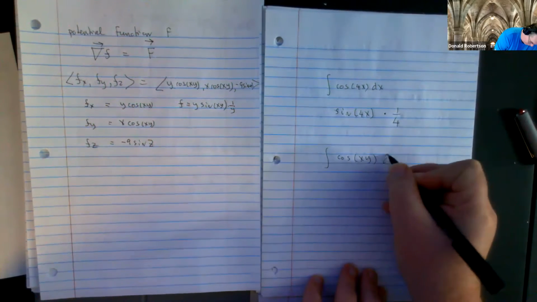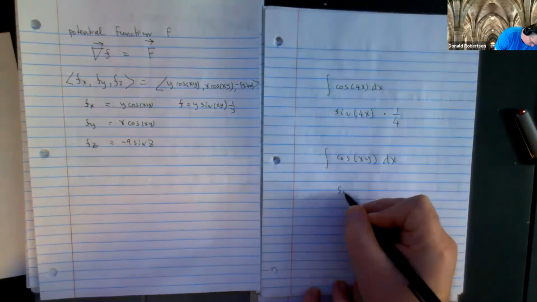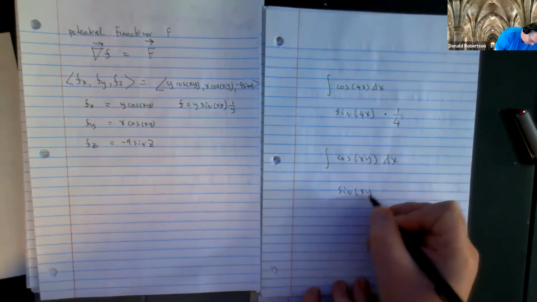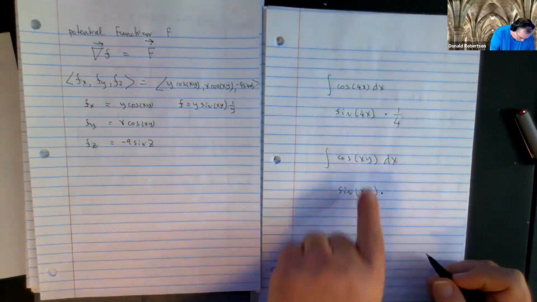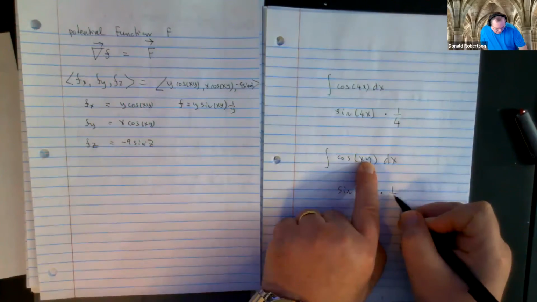So if you were going to integrate the cosine of xy with respect to x, you would also get the sine of xy, but wouldn't you also get times the derivative of 1 over that guy? Because isn't that y like the 4?